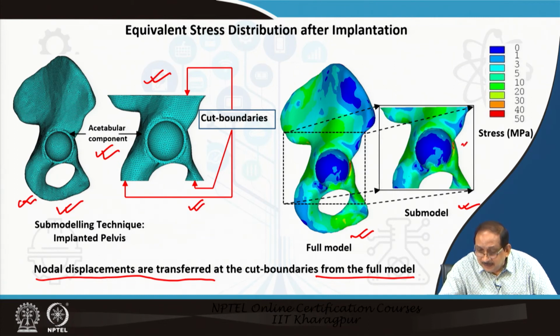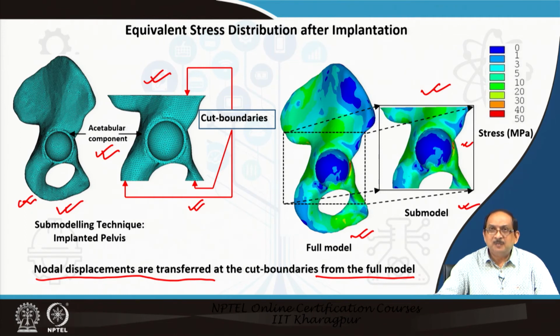However, only at few locations the fine difference in stress distribution can be observed, because this submodel is based on a finer meshed model as compared to the full scale model. So, since the submodel has a finer mesh, it has a better description of the variation in bone material properties incorporated within the model.